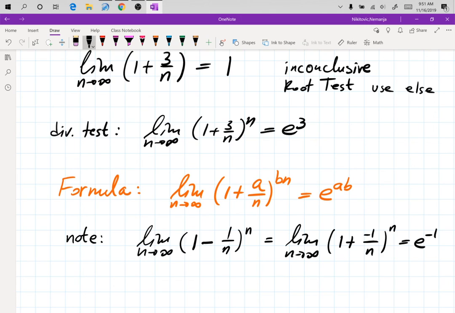Then you have to pick the test, just like you had to pick the correct integration technique, or in Calc 1 the correct derivative technique. Now you are picking the correct series technique. And that's Chapter 10.